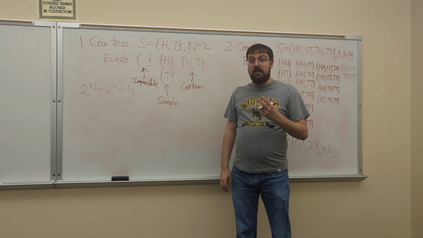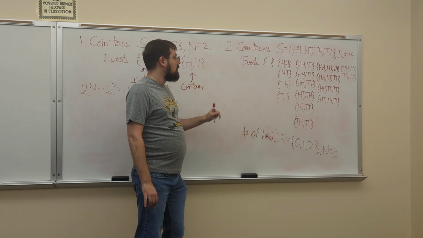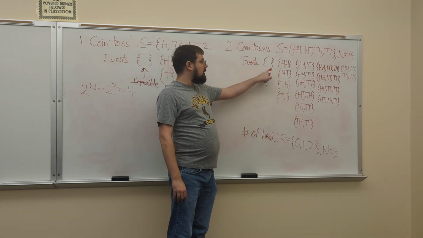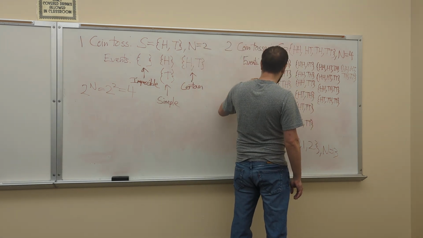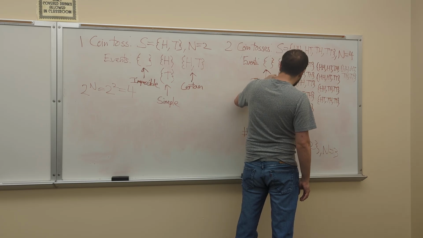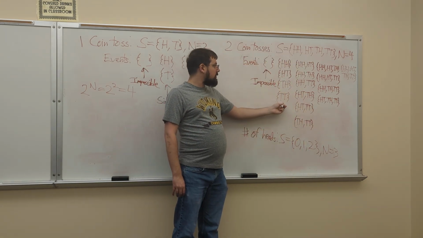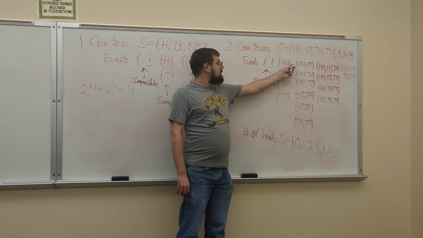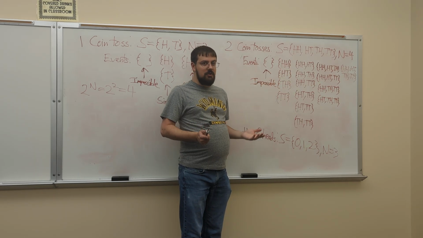If we look at extending this to the scenario of 2 coin tosses, once again we have our impossible event, which would be no outcome. Next, we have our simple events. So each of these events is one outcome. Notice that we are always doing 2 coin tosses.